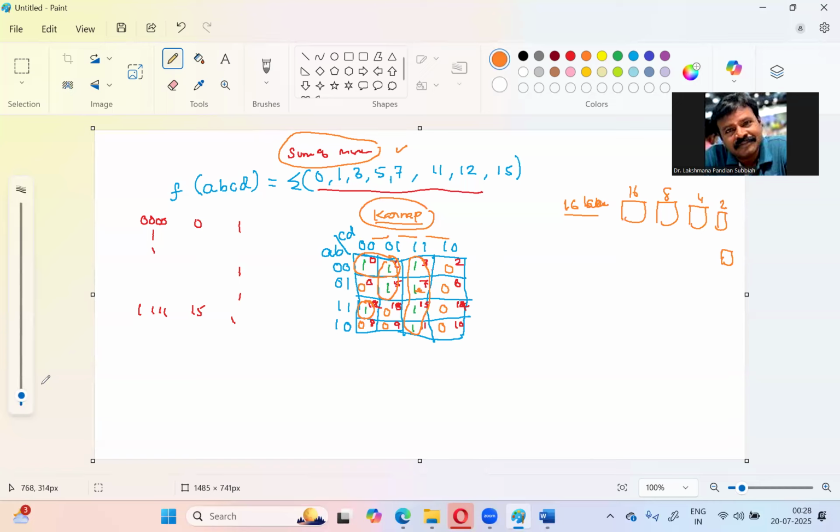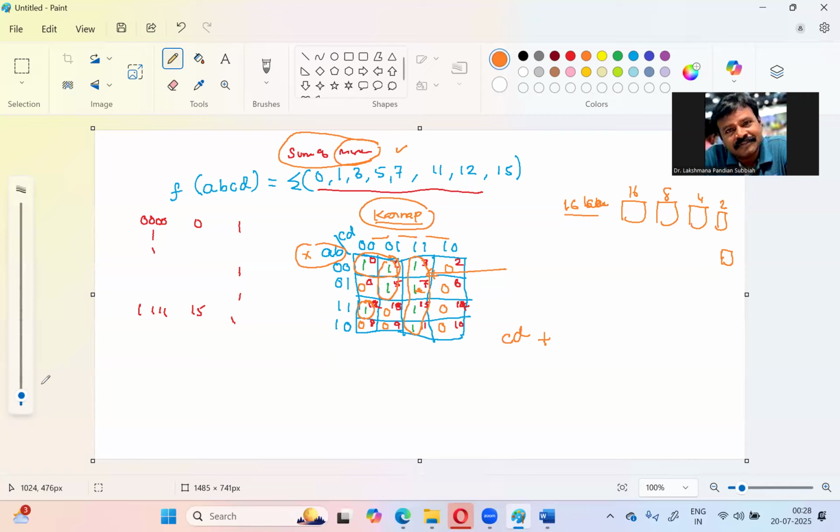For the four combination, you write the min term. In that four cell group, all columns and rows are covered, so don't worry about those two variables. Here we have CD, so the min term for this four combination is CD.